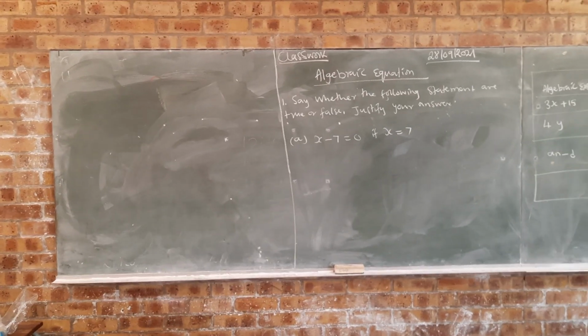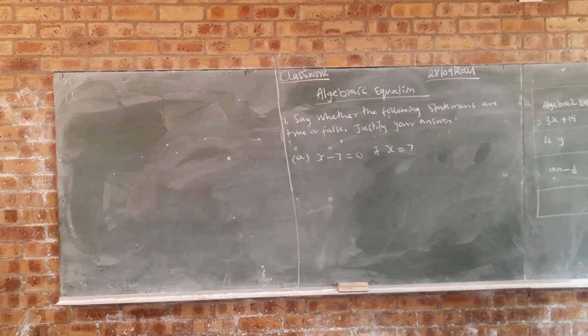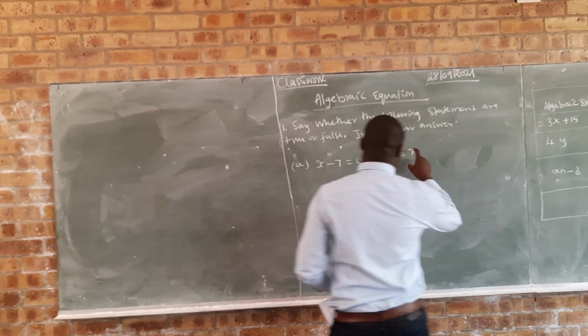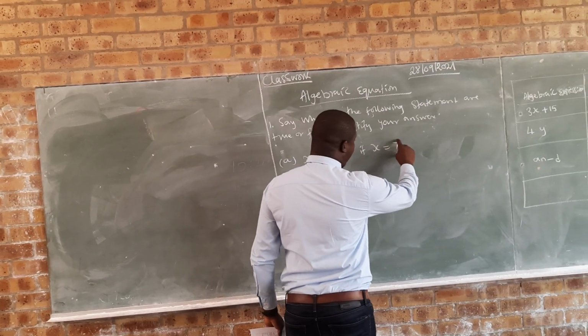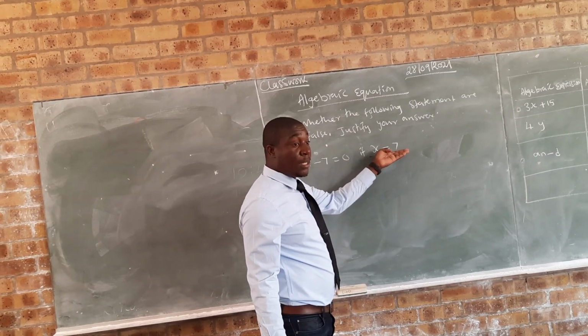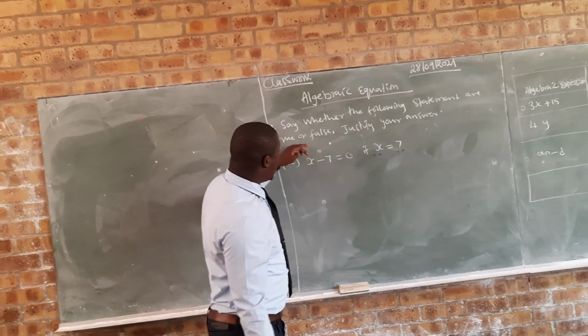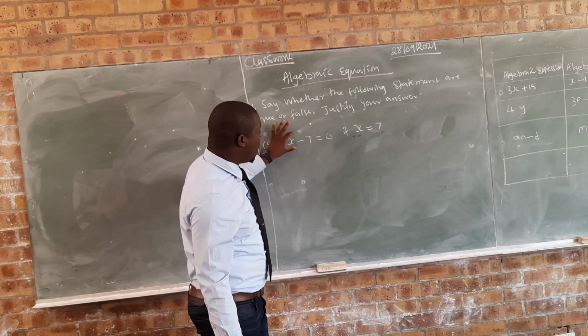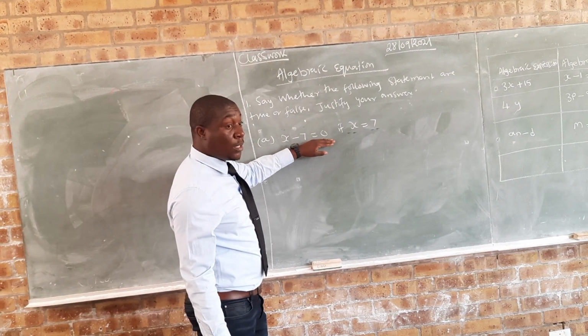Yes, then we say it's true. So when we see x, we put 7. Therefore it's going to be 7 subtract 7 equals 0.